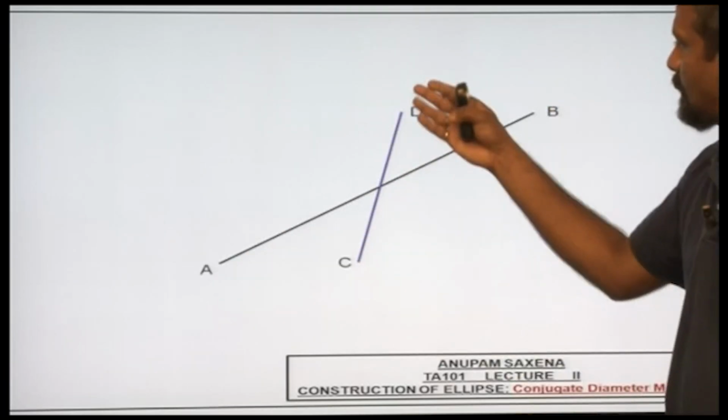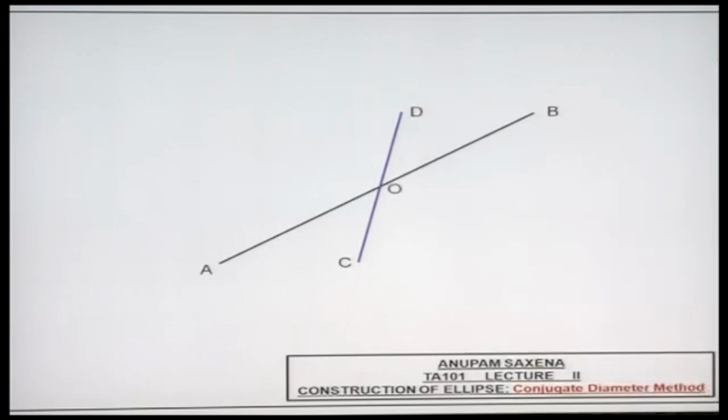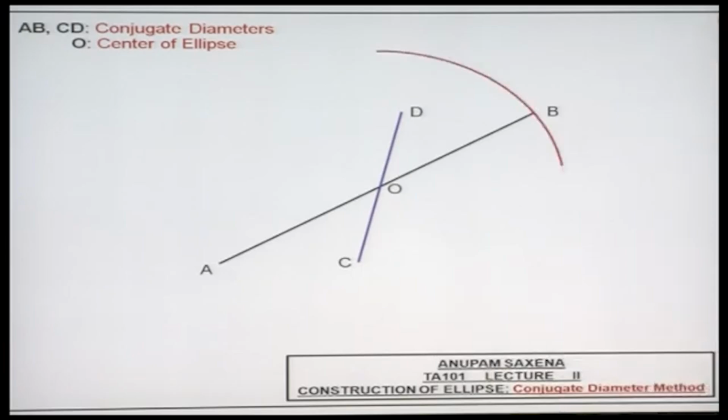Construction of ellipse, another method by means of conjugate diameters. So, given two conjugate diameters, let me name them as AB and CD. They intersect at point O. AB and CD are conjugate diameters. Let us say O is the center of the ellipse.